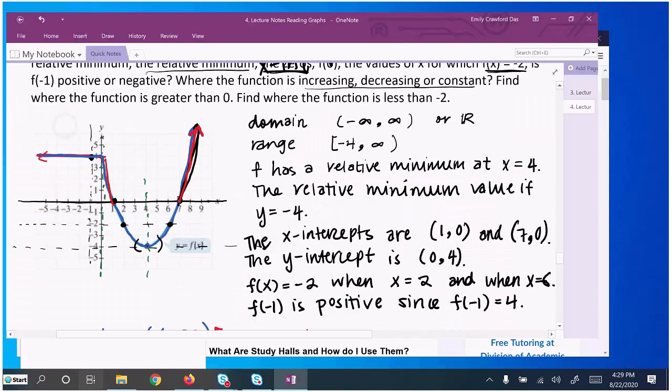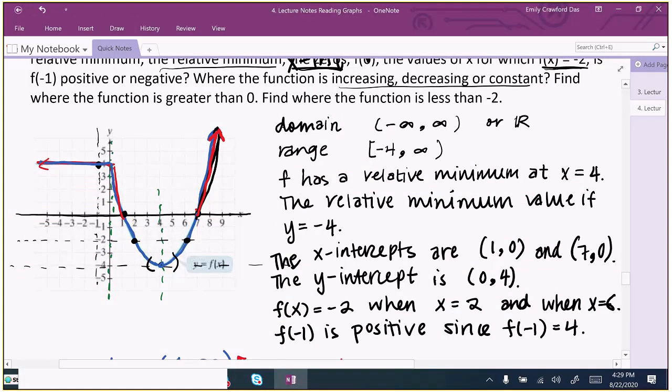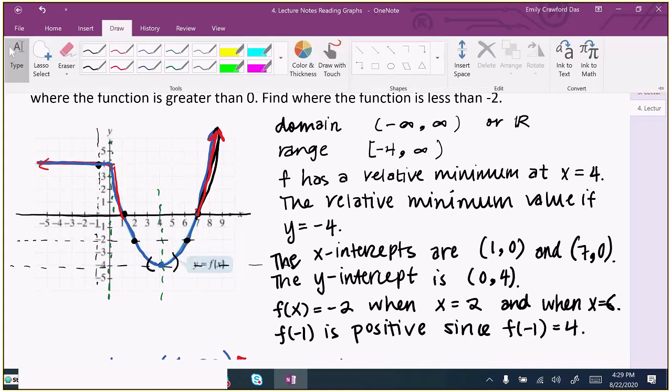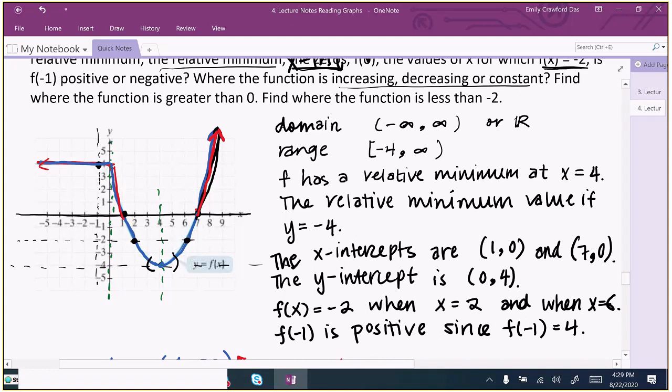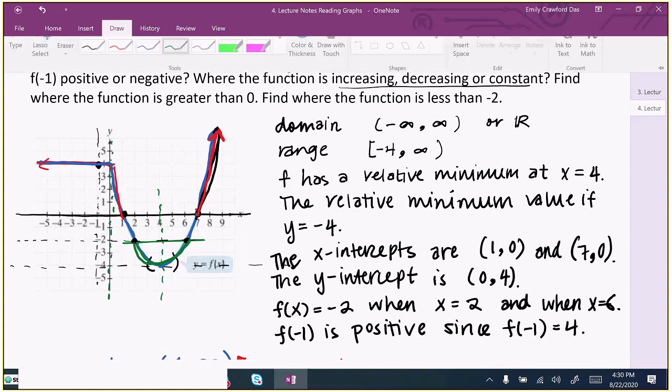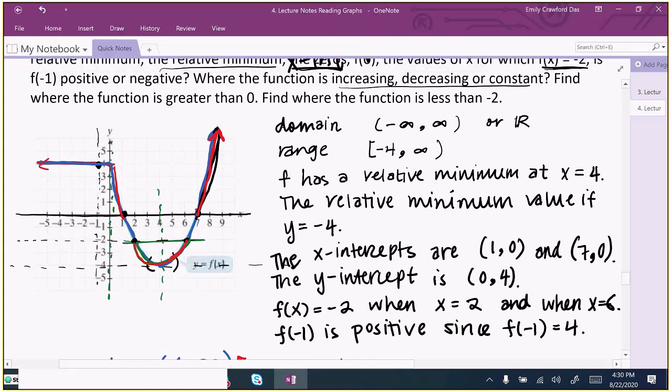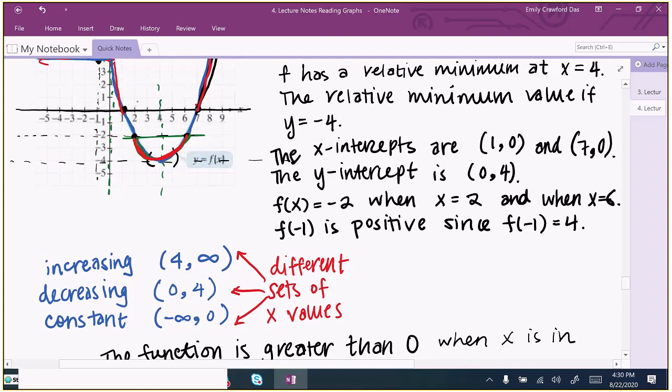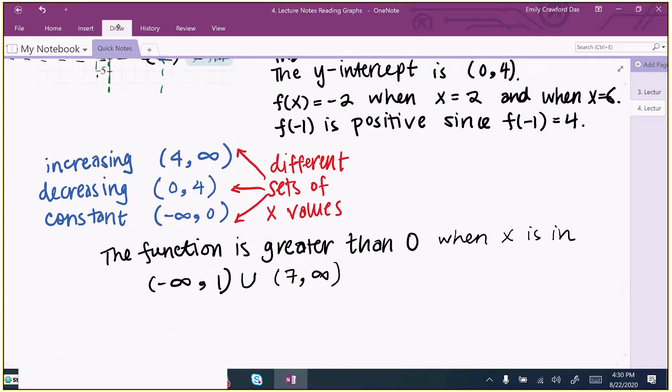And then lastly, where is the function less than negative 2? So I've already got the line negative 2 kind of dotted out here. That's here. So where is it less than negative 2? It's going to be this part of the graph. And we want to know what part of the domain corresponds to that part of the graph. So it should be from x equals 2 to x equals 6.